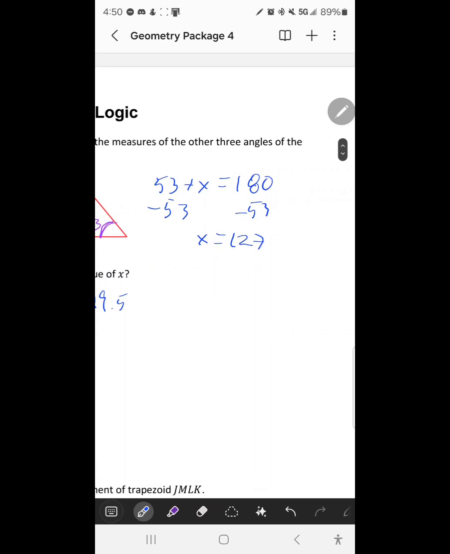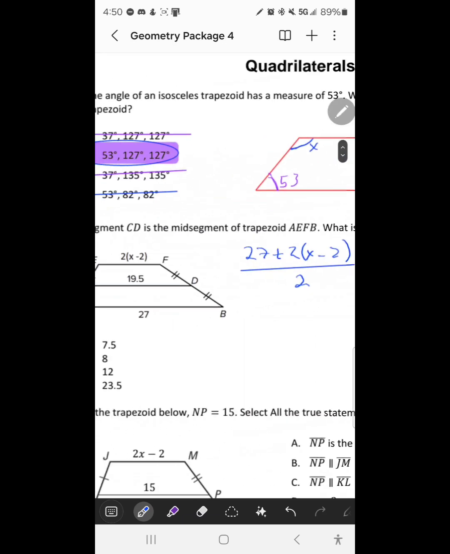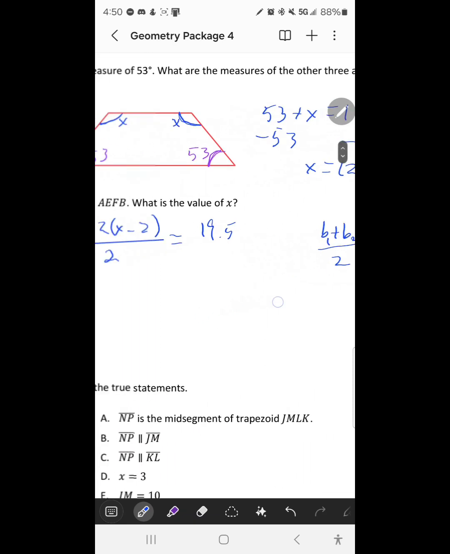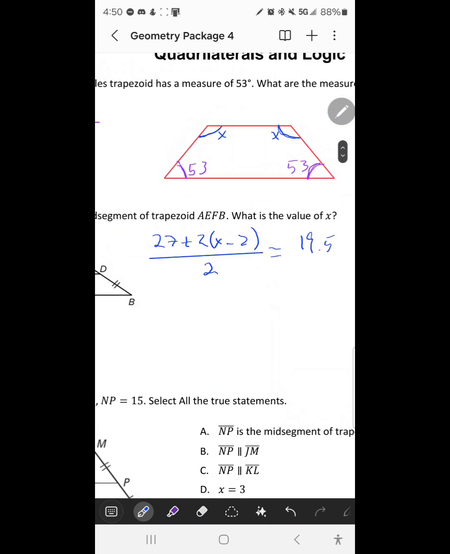So the formula, I either see b1 plus b2, which is base 1 plus base 2, just the long sides, over 2 equal the midsegment, or I see 1/2 of b1 plus b2. It's the same thing. I just prefer to do it this way. That's my preference. So now let's solve for this.